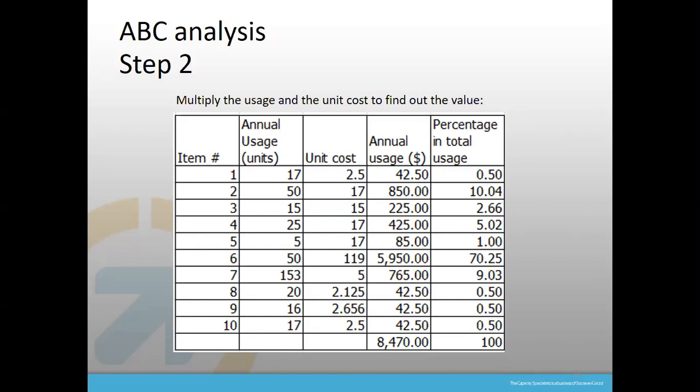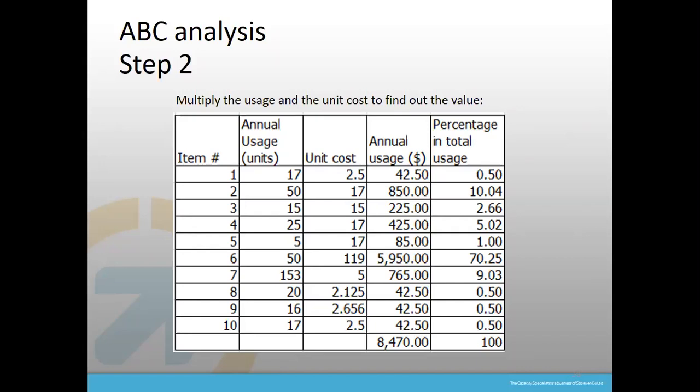So now what we do in the next column, percentage of total usage, we look at how much percent of the total annual usage, the total inventory value for 1 year, each item in the warehouse is. The total value for all items together is $8,470.